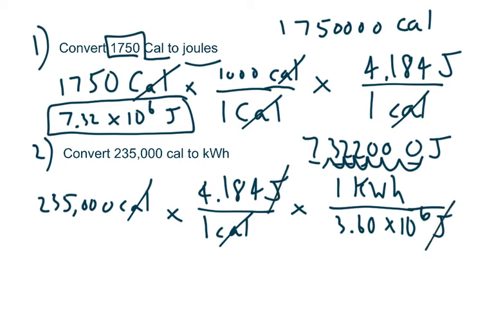So when you multiply the two numerators, 235,000 times 4.184, and then you're going to divide by 3.6 times 10 to the 6, the answer that we're going to get, we're going to round it. Well, I got this here, and I'm going to round it now to significant figures. Got this very long answer here.